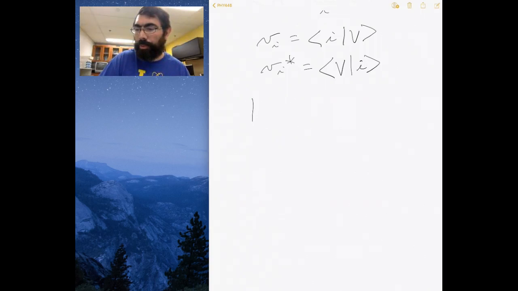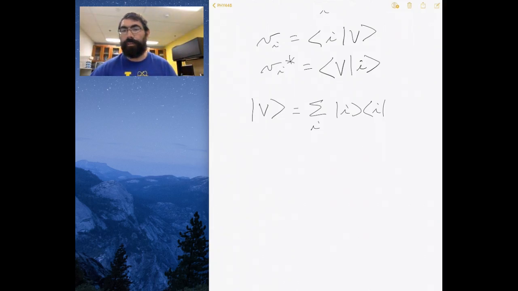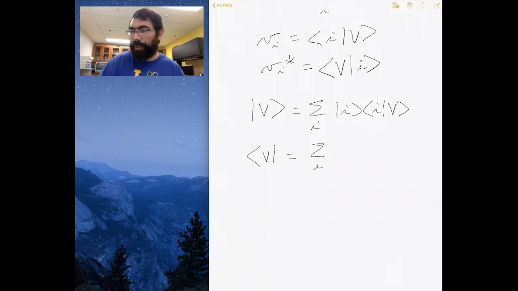So to review, I can write the ket of the vector as the sum over I of the ket of I times the bra of I acting on the vector v. And I can write the bra as the sum of the bra of v with I, times the bra of I. So now I have a definition for the bra and the ket of the vector space in terms of this orthonormal basis, and I don't have to worry about those coefficients yet.